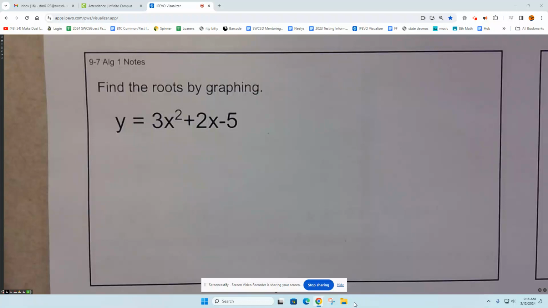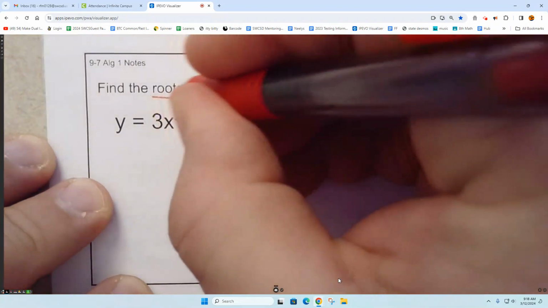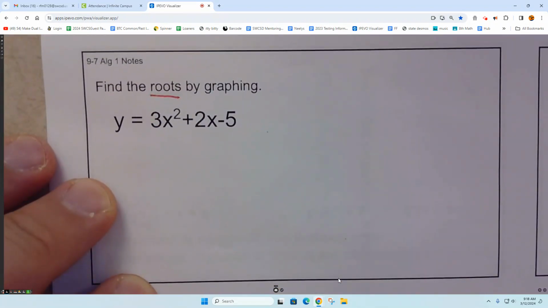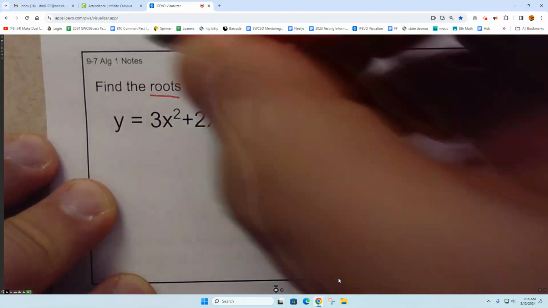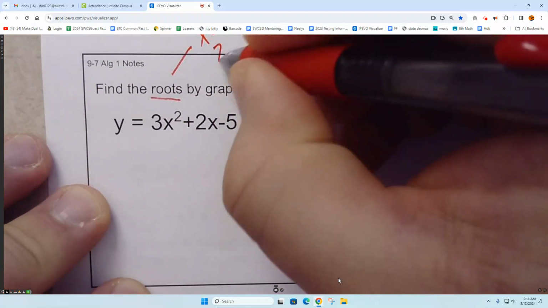There you go. So what does it mean to solve by graphing? Yeah, you graph it. Where do we graph it? Yeah, we just go to Desmos. What does roots mean? We've talked about this. It really just means x-intercept, or it means zeros, right?